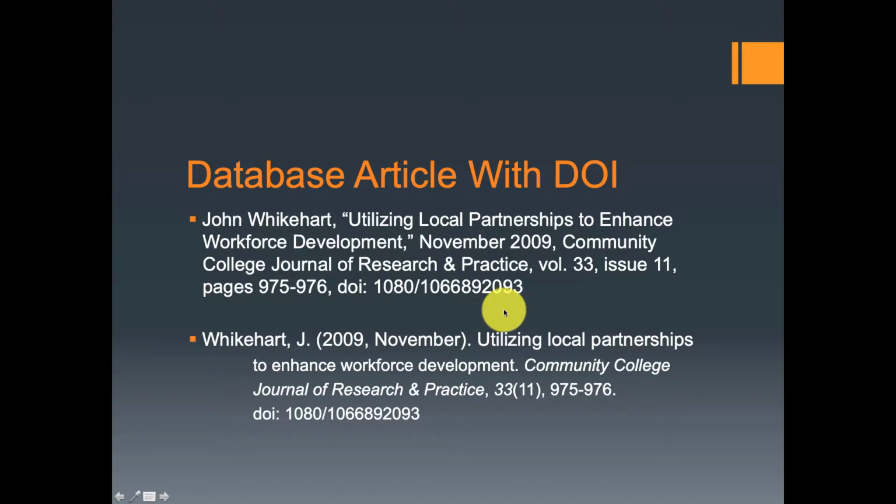So let's look at this again and walk you through it. This would be the actual citation you would find on the library page. So going from left to right, the first thing we have is the name, and we use the last name, comma, first initial, period. There is no middle initial, so we don't put a middle initial here.